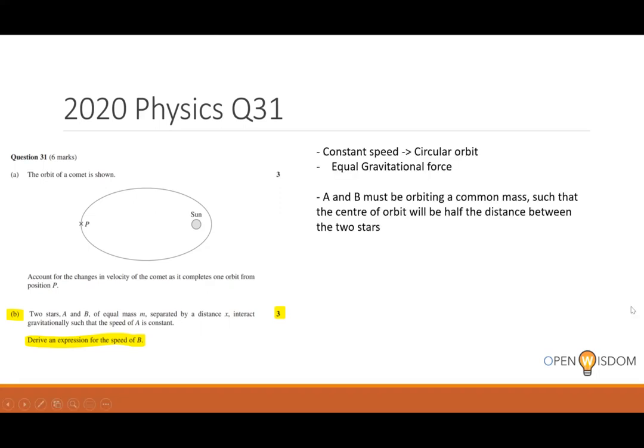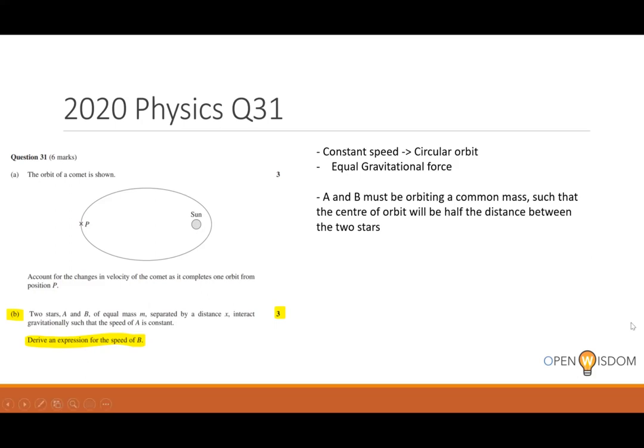We want to go through some of the background knowledge required to actually derive the correct expression. So we know that constant speed means that the motion should be circular. And in that case, the gravitational force will also be equal, such that A and B orbit a common center, which will be half of the distance between the two stars.